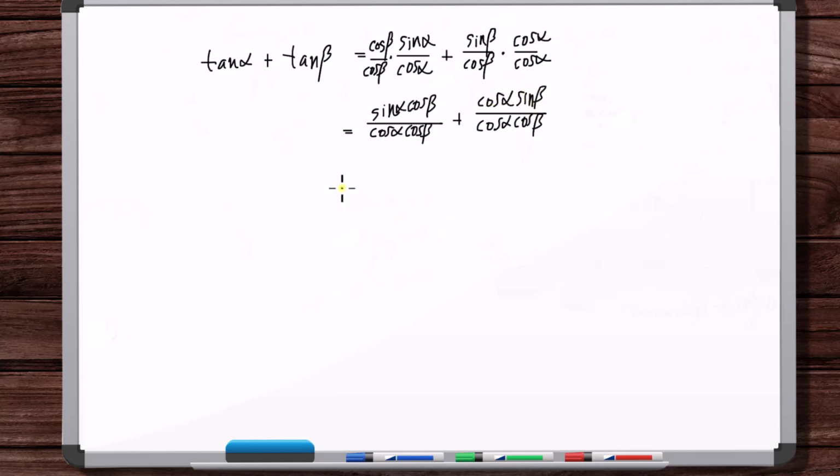So there's a common denominator. So we've got sine of alpha cosine beta plus cosine alpha sine beta over cosine alpha cosine beta. Okay. Now this sine alpha cosine beta plus cosine alpha sine beta, that should look familiar.